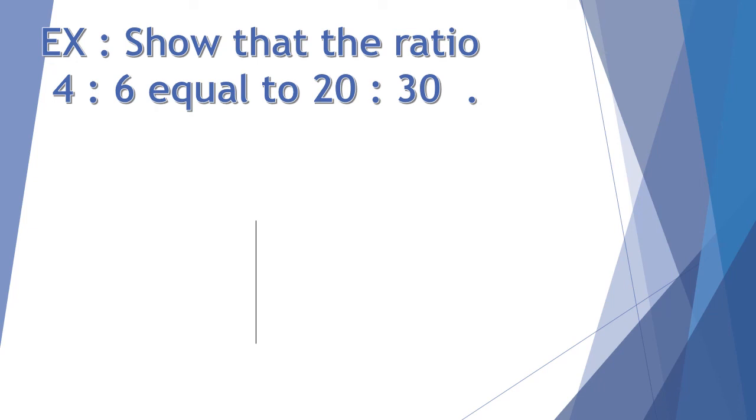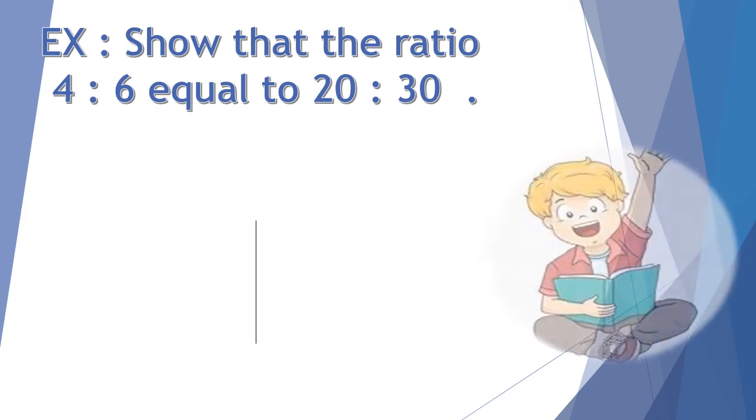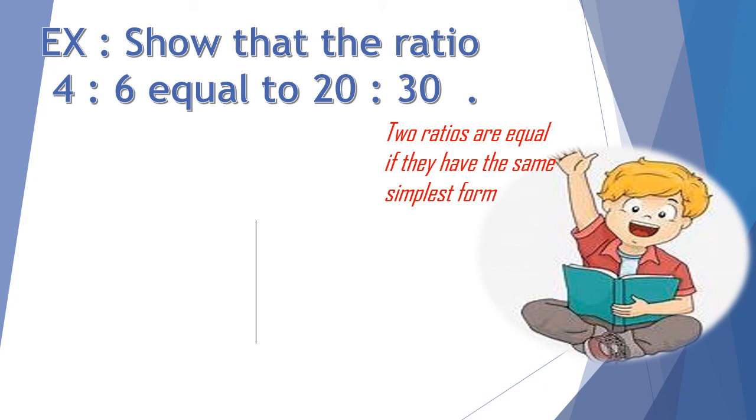The ratios are equal if they have the same simplest form. Now write the first ratio in simplest form by dividing both sides by 2. It equals 2 to 3.